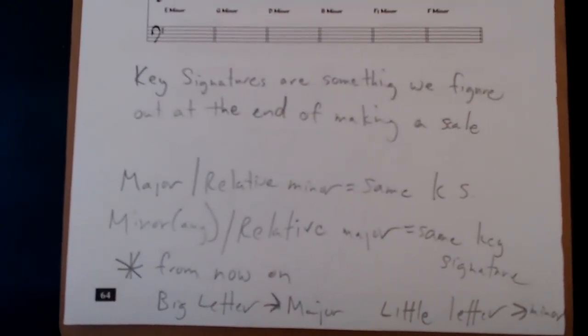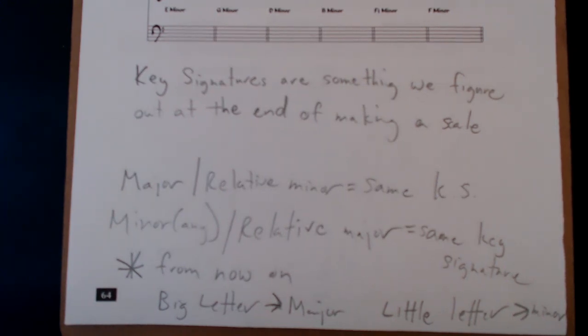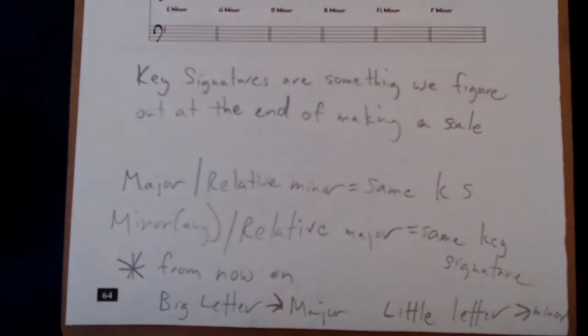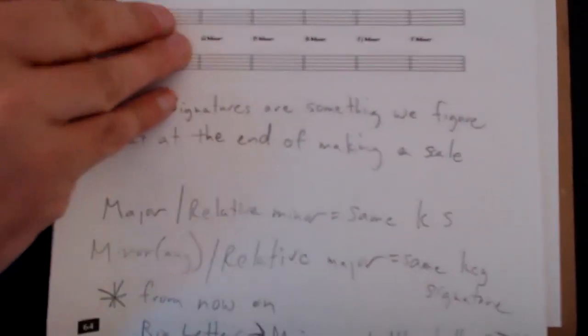So one other thing we do before we start talking a little more about specifics: from now on, when we write something, let's write a big letter when you use the word major and a little letter when you use the minor. Okay, that's just yet another way of showing this. Let me show you the next page.